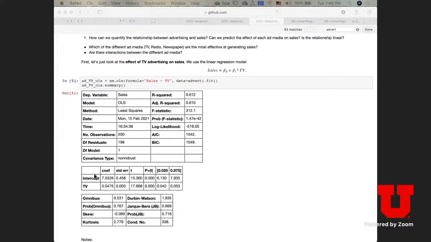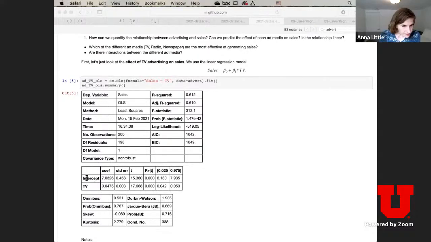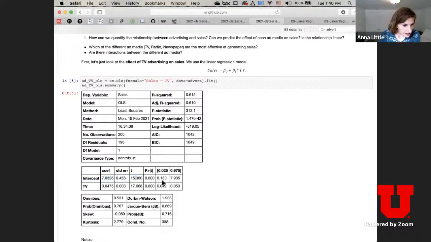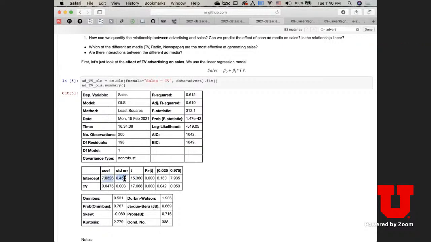So this intercept is B naught, right? That's right. And the 0.04 is the beta 1?